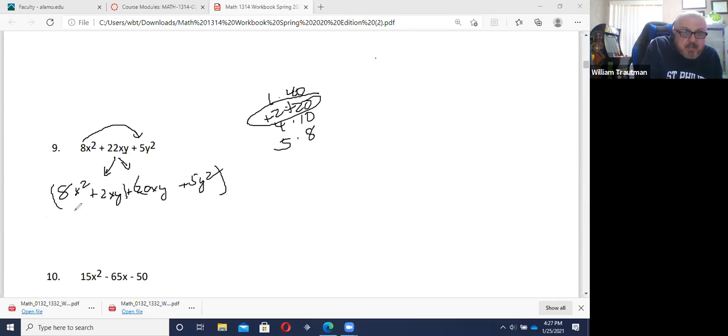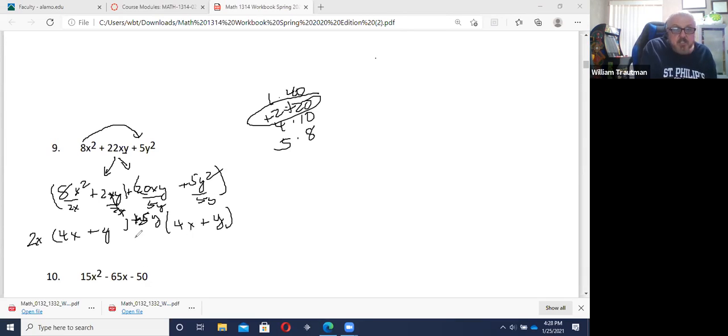When you divide each by 2x, you end up with 4x plus y, the x's cancel. Here, a 5y factors out. When you divide each by 5y, you end up with 4x plus y.